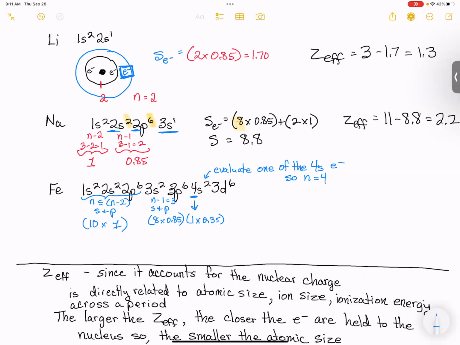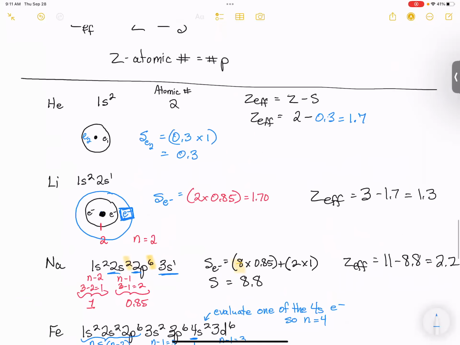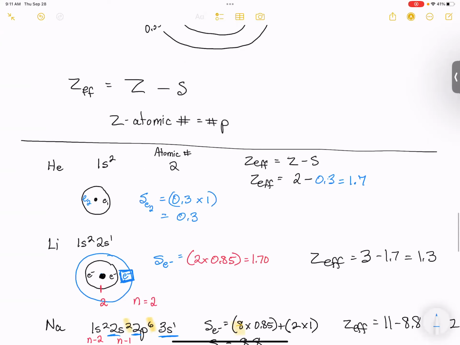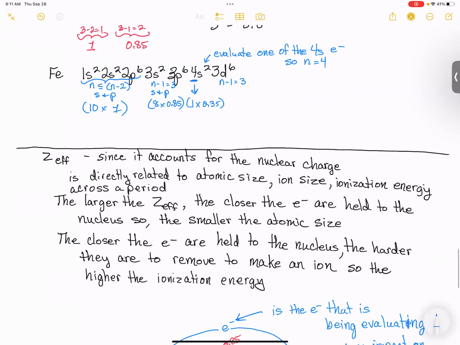That leaves our 3d, which is in the n minus 1, which is 3. Well, if you look back up at the table, n minus 1 for d is a 1. So these 6 are going to be a 1.